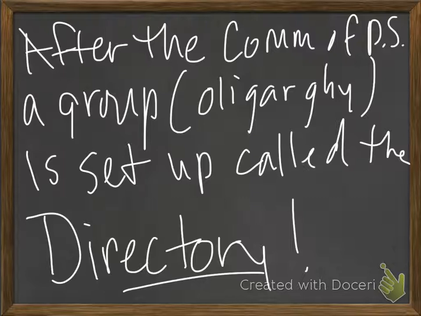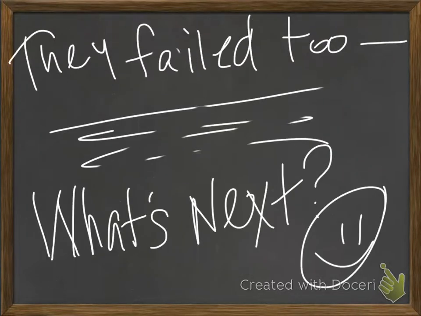This is called the Directory, or La Directoire, if you want to say it in French, maybe impress your friends. The Directory is also a group of people like Robespierre, people that were looking maybe for some revenge. They failed too.